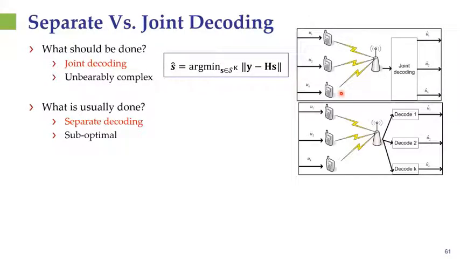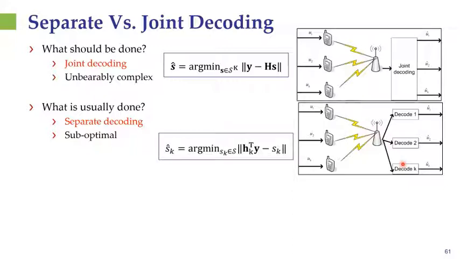Alternatively, the dominant approach currently in the massive MIMO literature is to implement separate decoding. Separate decoding means that we're using the channel output to decode the symbol of each user separately while treating the remaining symbols as noise. For example, if we go again to a linear MIMO channel, a Gaussian channel, this can be carried out by taking the channel output, applying some linear filter to it, and trying to recover the corresponding symbol from the output of that linear filter.